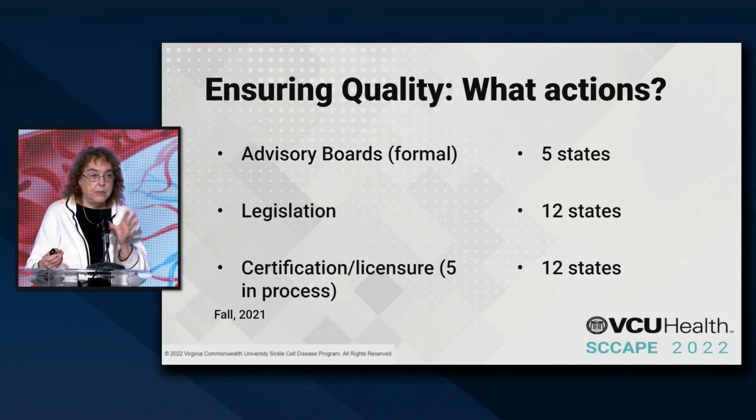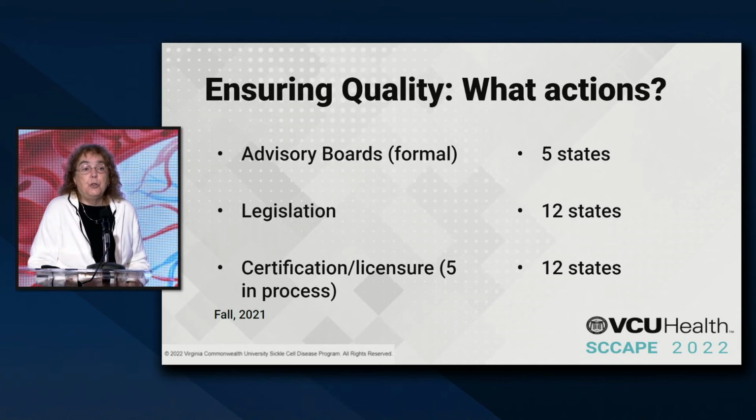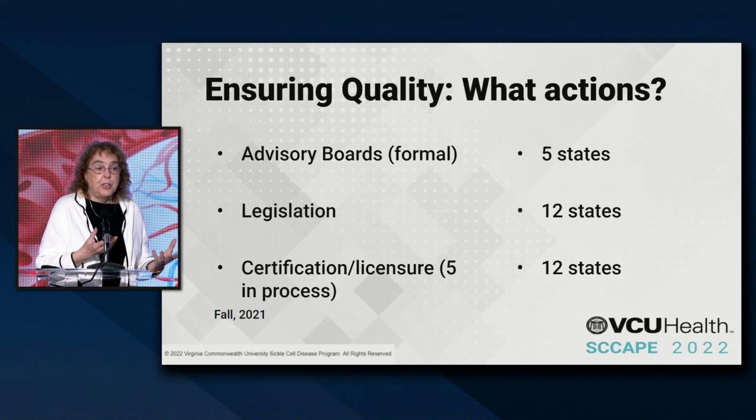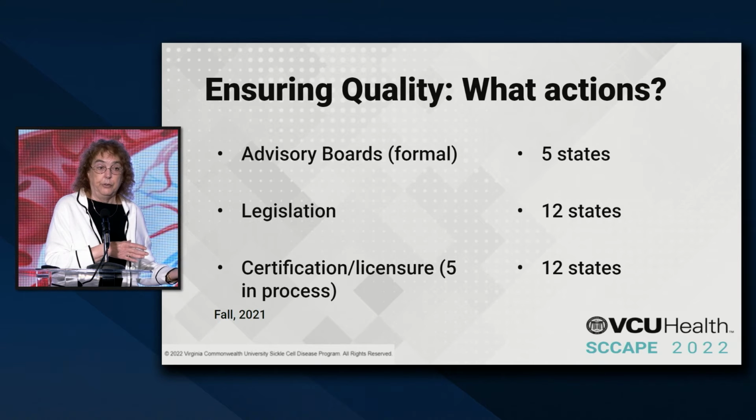So let's talk about these a little bit more. I gave some of these statistics the other day, whenever it was, on ensuring quality. So what can we do about that? You at your institution, you can do some things about this. You really can. We have several states, and here I have 5 states that have formal advisory boards. These are formal, where you may have to know the governor to get appointed to it, okay?